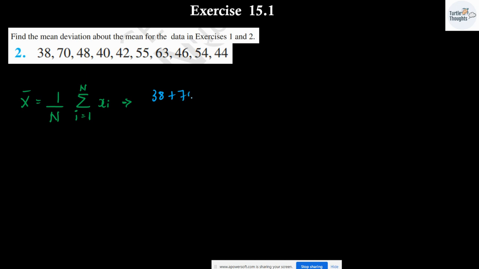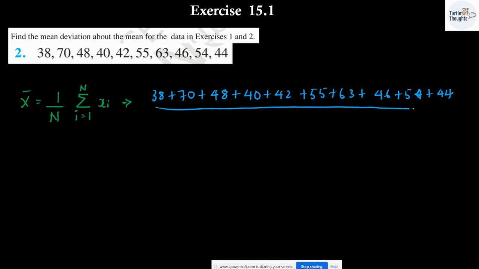38 plus 70 plus 48 plus 40 plus 42 plus 55 plus 63 plus 46 plus 54 plus 44, whole divided by, how many numbers are there? You need to count, right? So 3, 3, 3, and 1, 10 numbers are there. I need to find x bar.